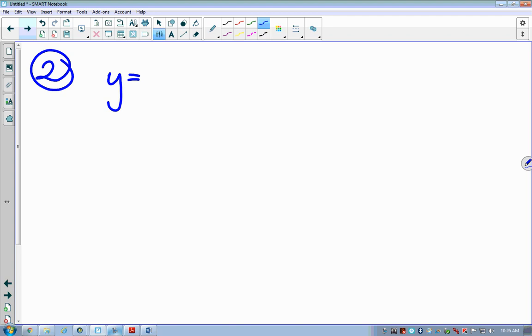What amount of money am I starting with? 20. Every time I use it, am I adding or subtracting from that $20? Subtracting. What is the rate on that subtraction? 1.5. 1.5x. So that's my equation. Okay, does that make sense?